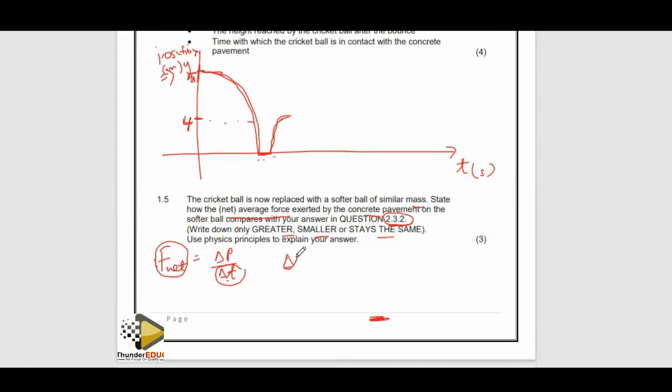So delta T increases, which decreases the F net. So the answer will be smaller than, because delta T increases, which decreases F net, since F net is proportional to 1 over delta T. Okay guys, that is question number 1.